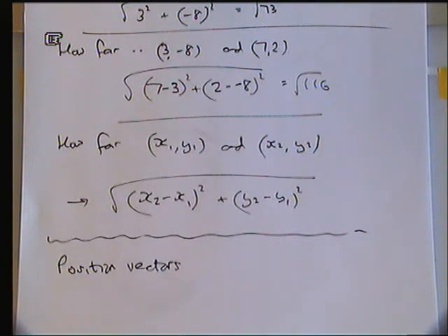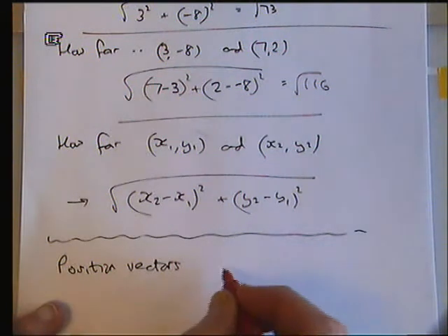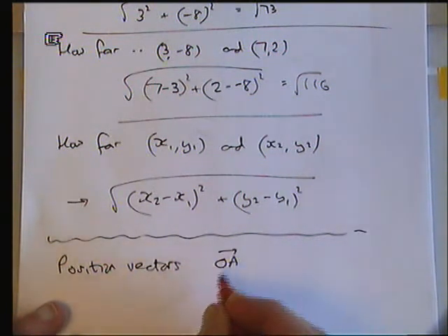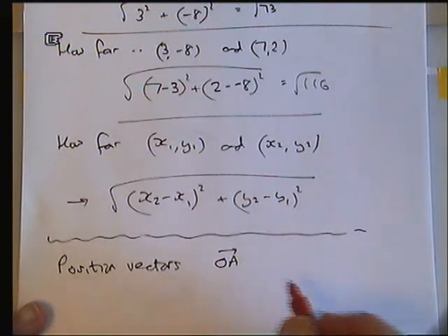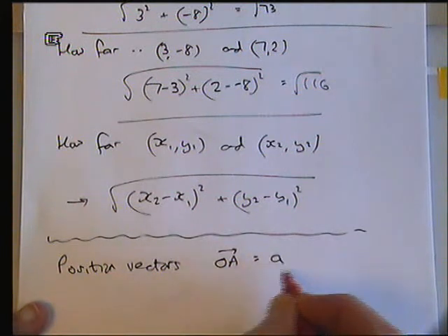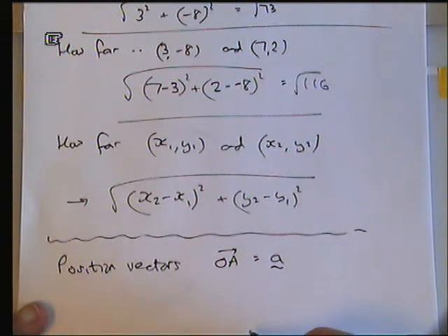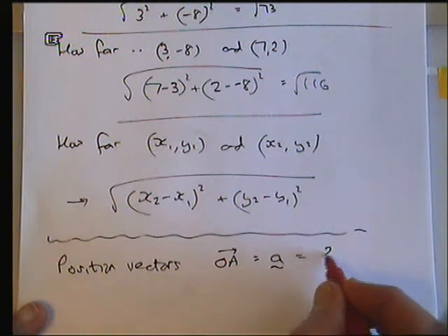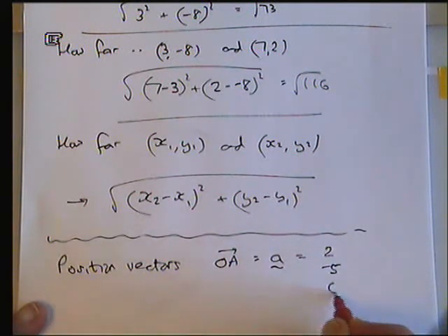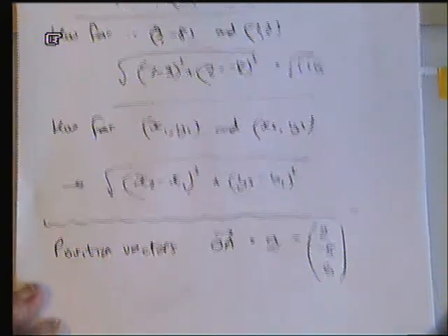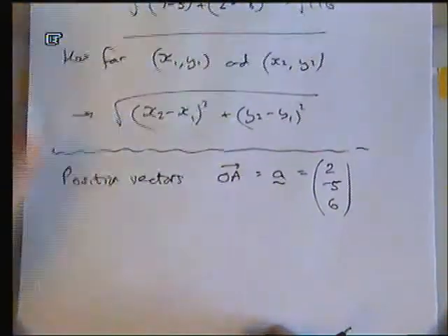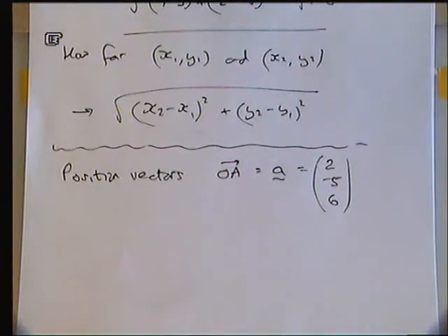Position vector is going to be OA. In other words, how you get from O, the origin, to A. Also could be written down as A with that little wavy line underneath it, and it's going to be (2, -5, 6). That's my position vector OA. It's another way of saying basically the coordinate (2, -5, 6).